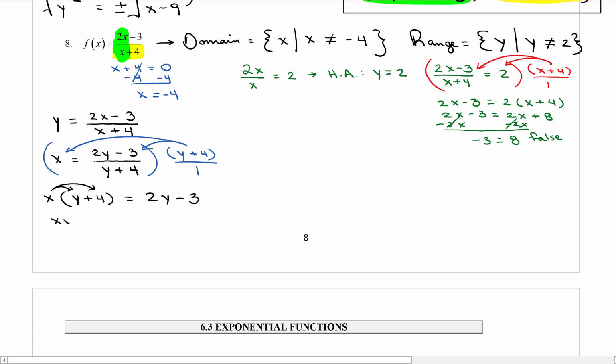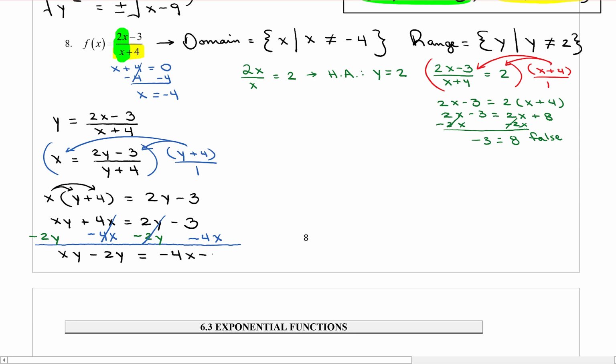We're going to get xy plus 4x is equal to 2y minus 3. Let's get all of the y's to one side of the equal sign, and then all of the other terms that don't have a y to the other side. So we're going to be left here with xy minus 2y is equal to negative 4x minus 3.